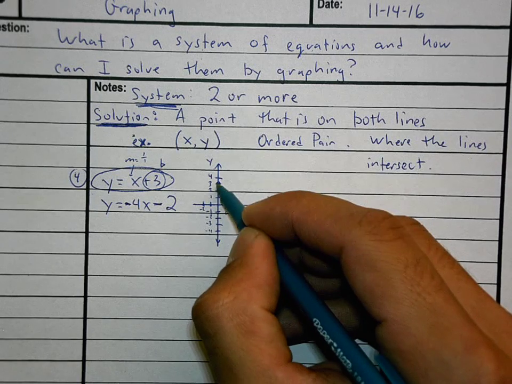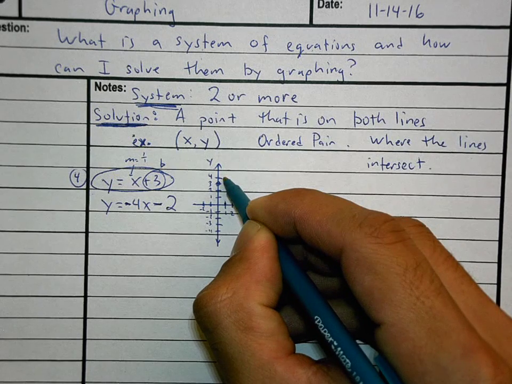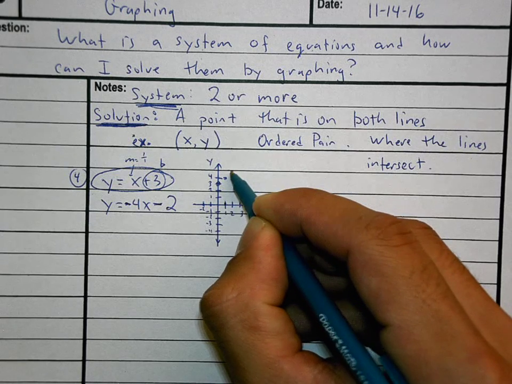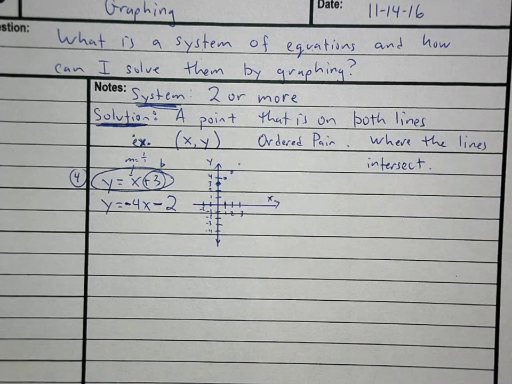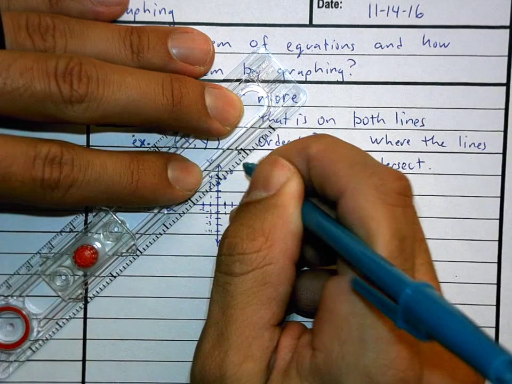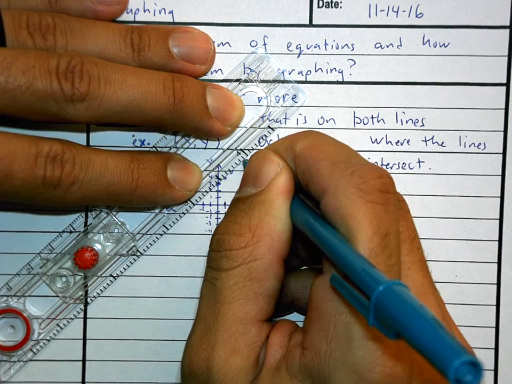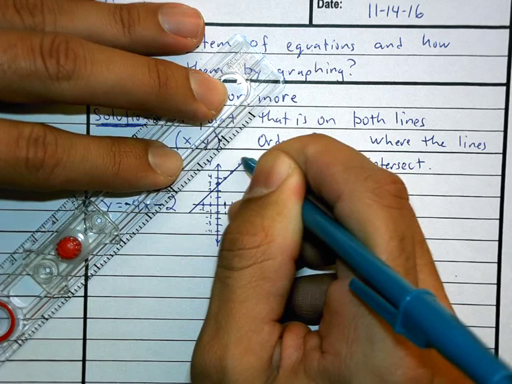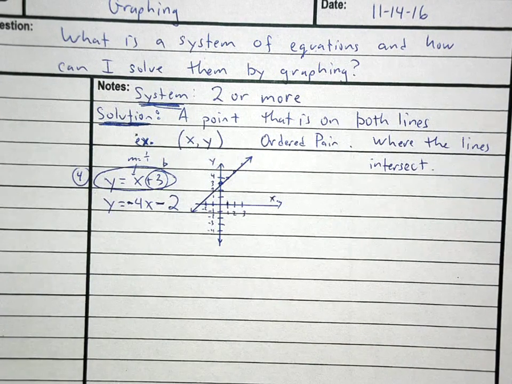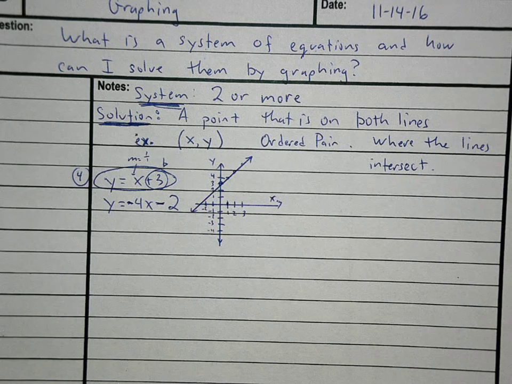So from here I go up 1 over 1, and because I like to be accurate, I'll go up 1 over 1 a couple times. And I'm going to take my ruler, and I'm going to be as accurate as I possibly can. As accurate as you can. Try to go through the exact center of those points. Try to use the graph paper that is on there to do this accurately. Otherwise, you might get the wrong answer.